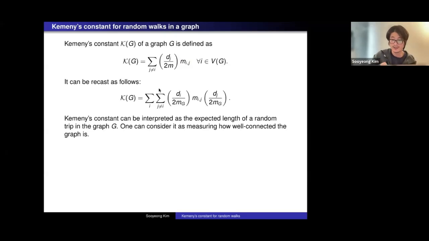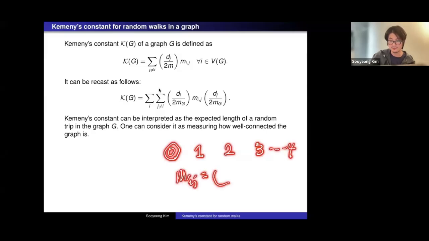So this Mij can be written as a sum over the first time, for instance: zero step, first step, second step, third step, and so on, right? Then Mij can be split into 1 plus the summation of Mkj, where k is not equal to i or something.